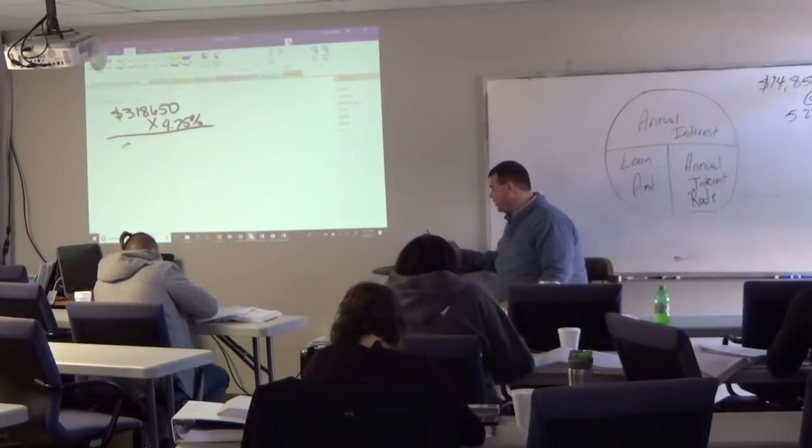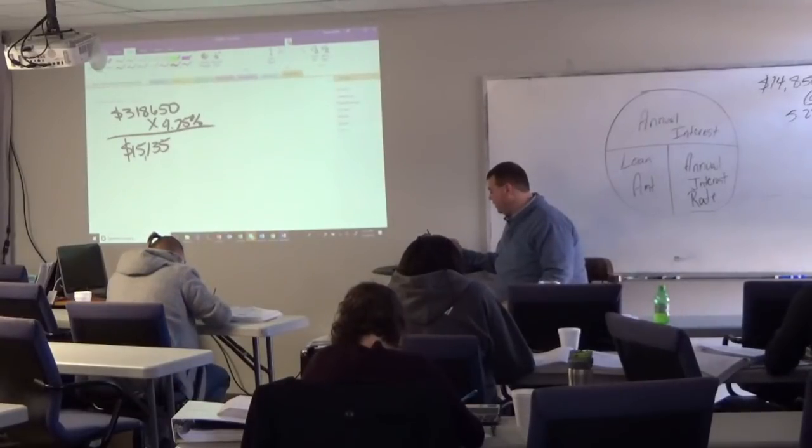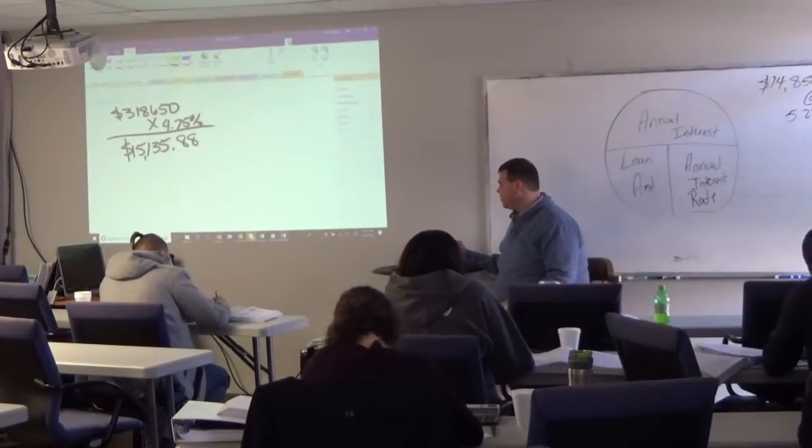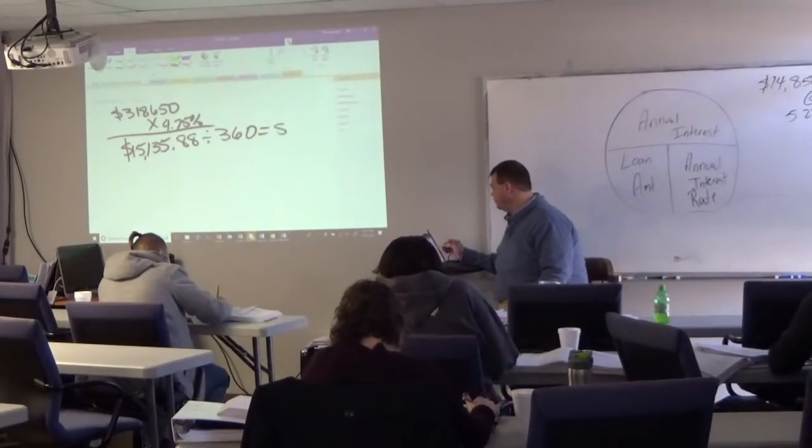I've got $15,135.87 or 88 cents per year. And I'm going to divide that by what? 360. $42.04 a day.